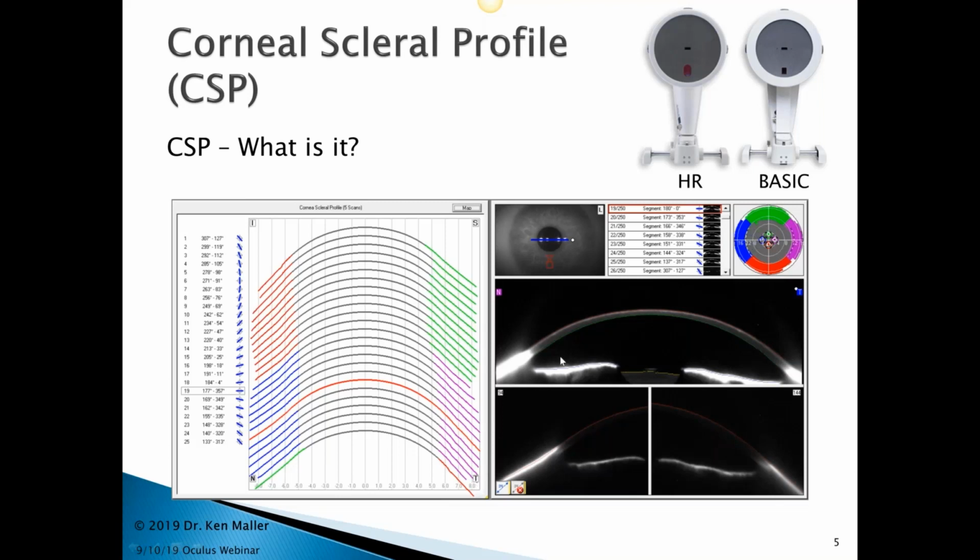Now, the actual images that it captured are over here on the right-hand side of the screen. This is the straight-on view. The other views over here, this here is the cross-section right through the central portion of the cornea. And what you can see here is as you get to the limbus, right up over here, it's kind of bright and washed out.